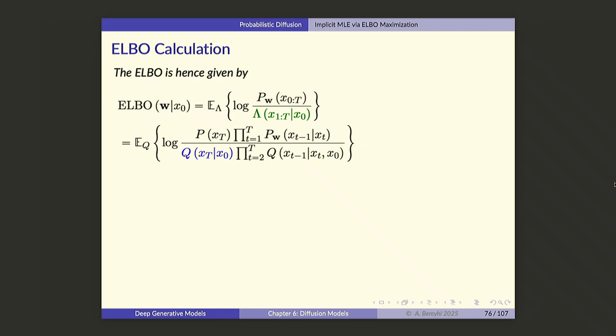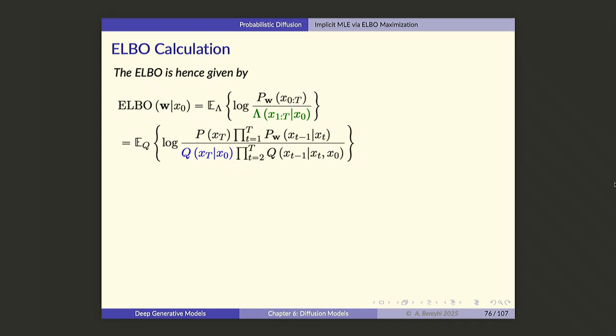So if we consider the trajectory, the original data x0 going to x1 and so on till xt and go on till x capital T, when I want to write down the backward chain rule, how should I open it?